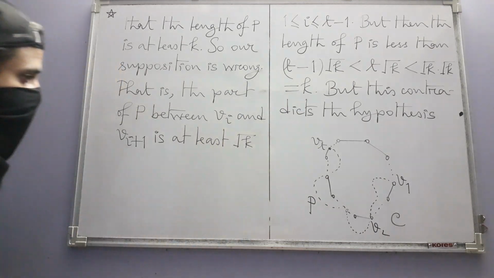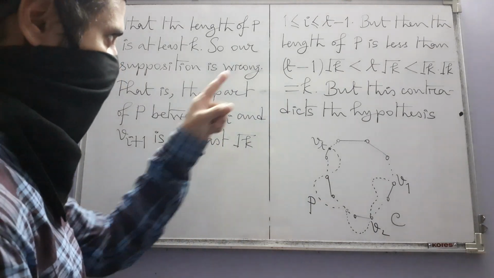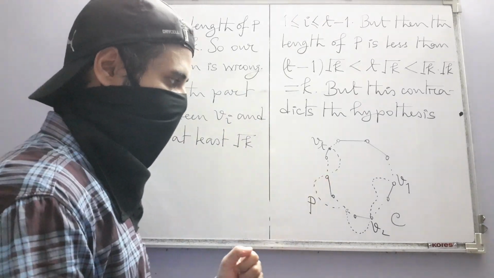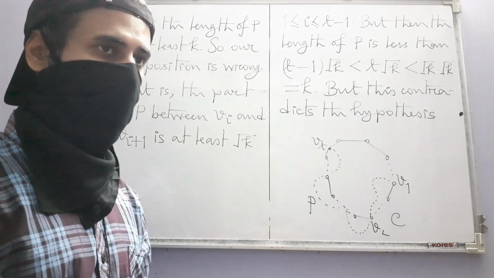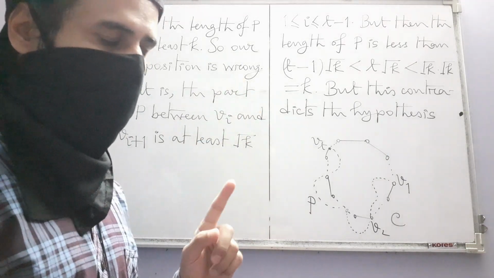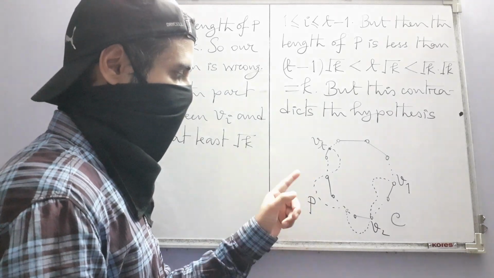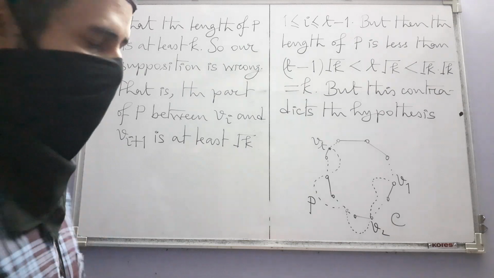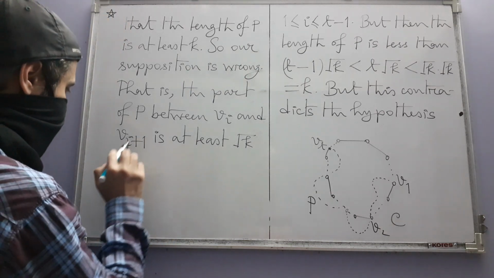So what was our supposition? We supposed that for all such i's, the part of P between v i and v i plus 1 has length less than square root of k, which led to this contradiction. So that means there should be at least one portion whose length is greater than or equal to the square root of k, right? That's what we have written.